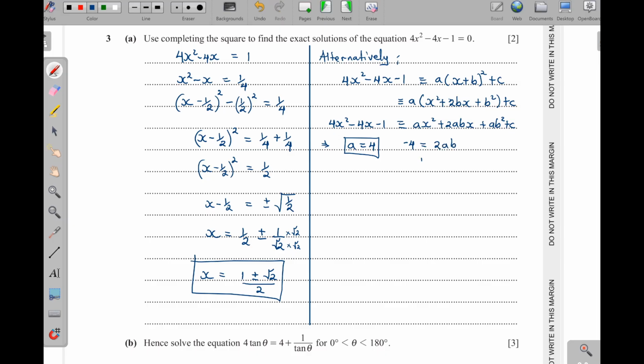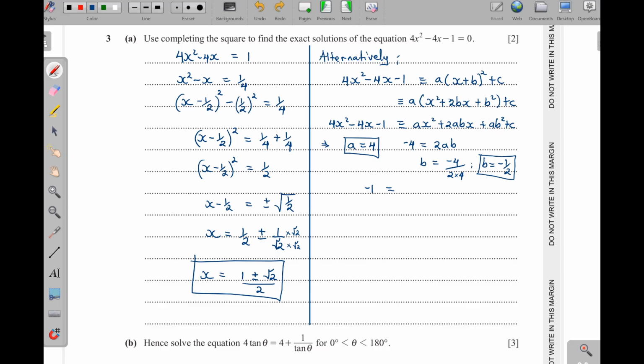So that means our b is going to be equal to negative 4 over 2 times a, and a is a 4. So 4 cancels this one, then we shall get negative a half. So b is equal to negative what? A half.